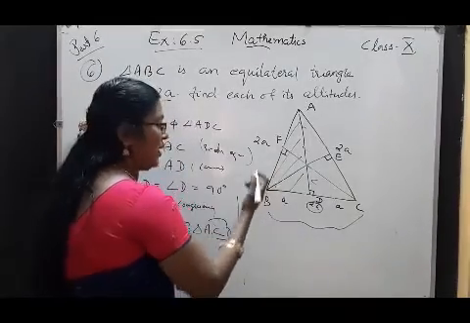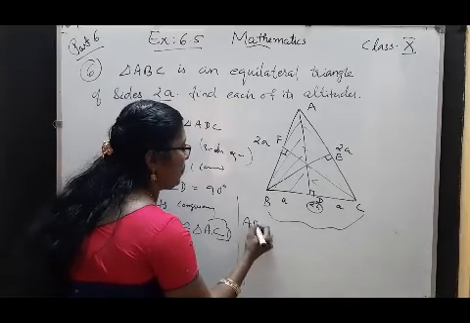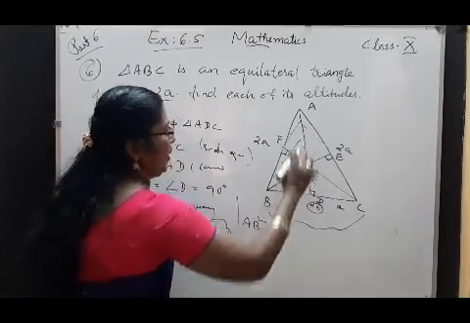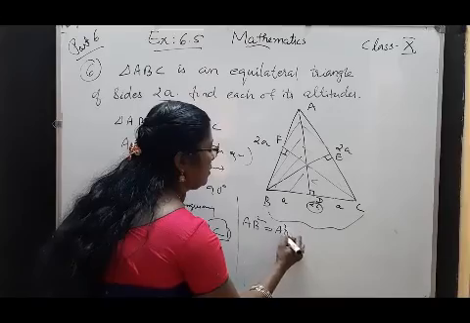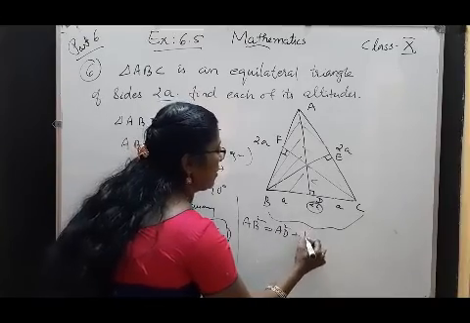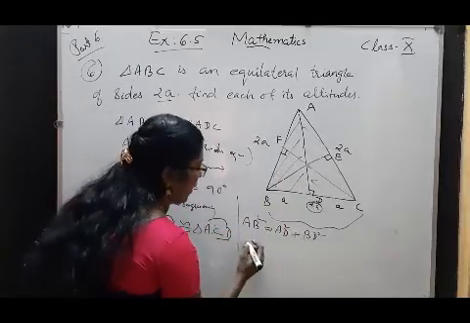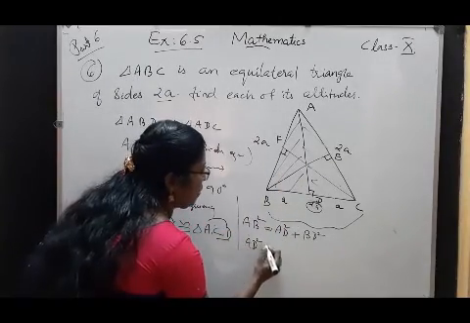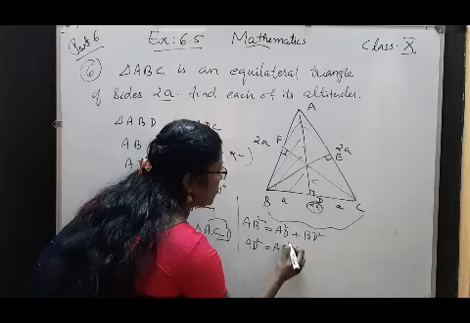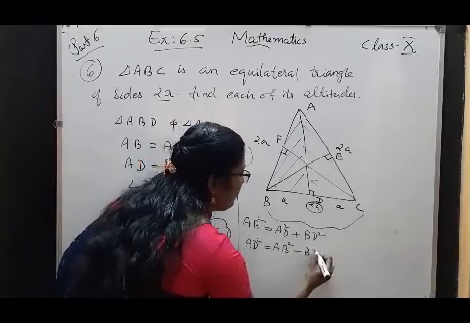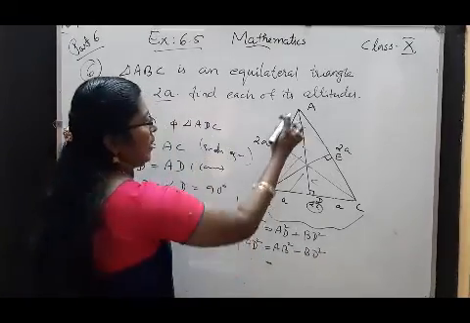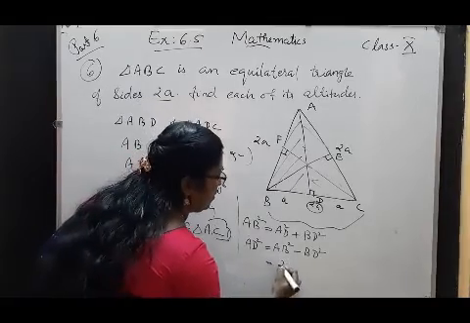By the Pythagoras theorem, AB square equals AD square plus BD square. We want to find AD square. AD square equals AB square minus BD square. What is AB? AB is 2a.